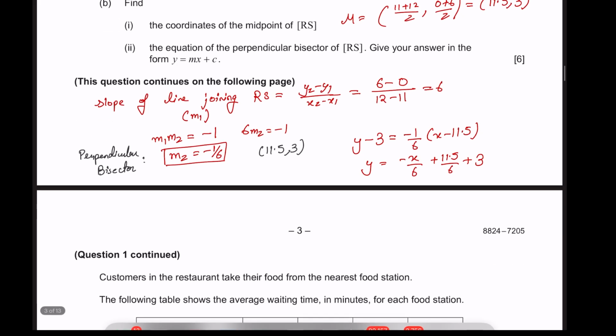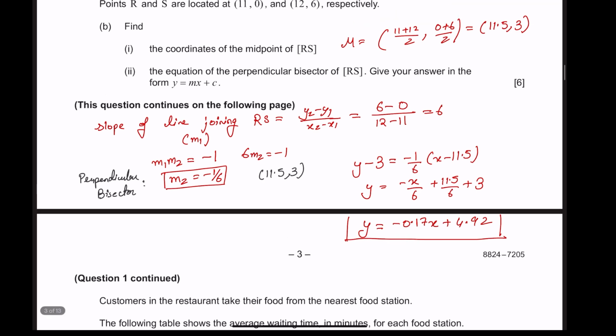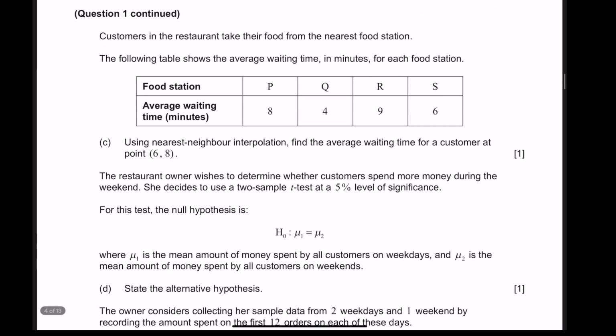If I plug everything into a calculator, I'm getting -0.17x + 4.92. This is the equation of the perpendicular bisector, and this is the answer to B2. Let's move on to the next part.